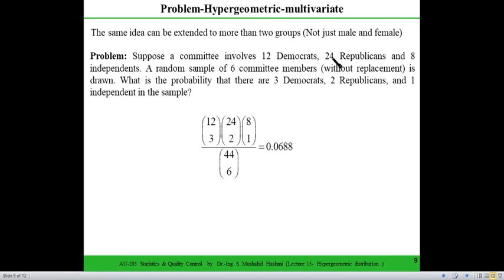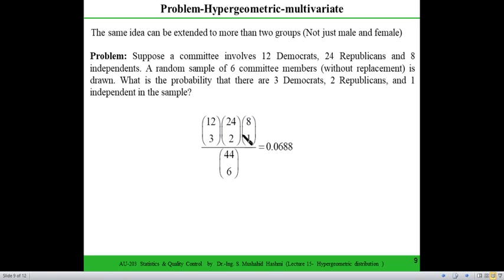So 12 plus 24 plus 8, altogether you have 44 people, and you need to pick a committee of 6. So 44 combination 6 would be in the denominator, and out of 12 we need 3 Democrats, out of 24 we need 2 Republicans, and out of 8 independents we need 1.